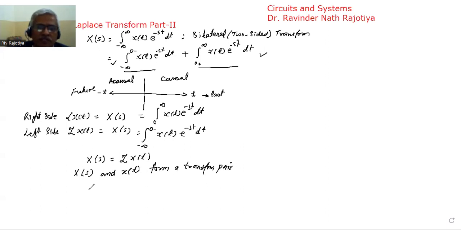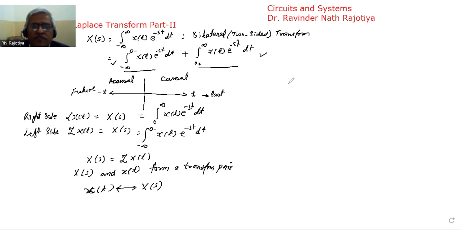What does it mean? It means that from given x(t), you can derive X(s), and from X(s) you can come back to x(t). So this forms a transform pair.